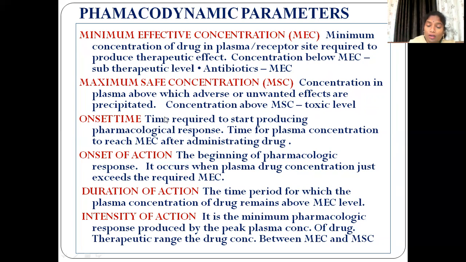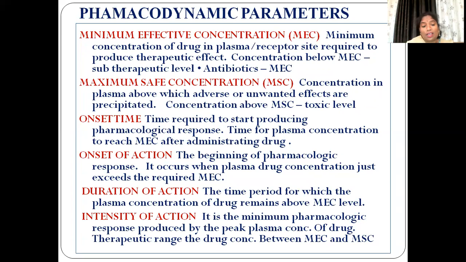Onset of time, I already explained: the time required to start producing the pharmacological action. Onset of action means the time it begins to show the pharmacological action above the MEC level. Duration of action is the period of time the drug is within the plasma.